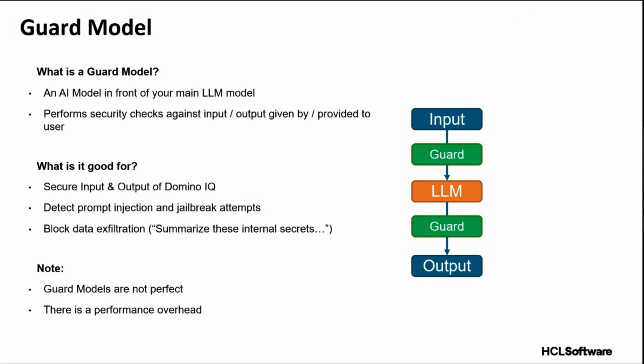We are going to ensure that no internal secrets of the customer, no internal data is being misused, right? Crucially, it will also help to block data exploration, things like someone trying to get the model to summarize the internal secrets, as I said.